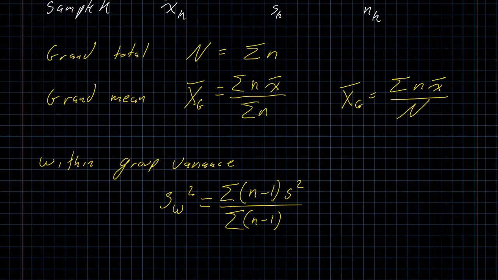Interesting thing that happens in this. Again, this is a weighted average, and showing it to you as a weighted average, I think, helps understand where it's coming from, why we're doing it. But to make calculations easier, you might find that it's useful to realize that the sum of n minus 1 is big N minus k.